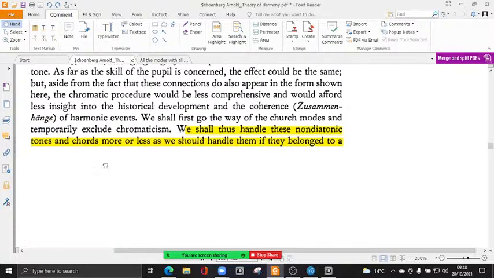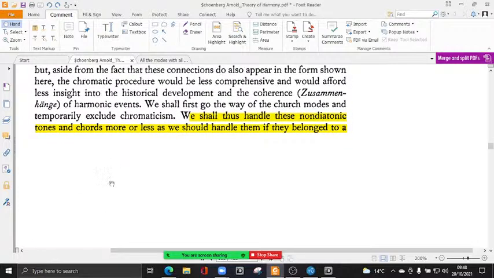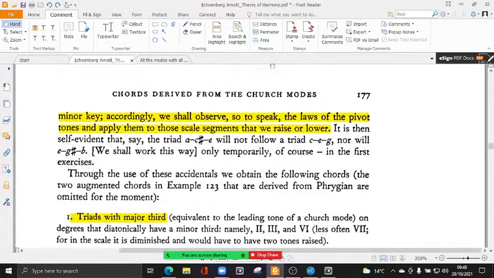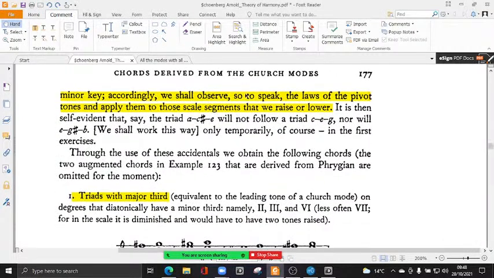So, we shall thus handle these non-diatonic tones and chords more or less as we should handle them if they belonged to a minor key. Accordingly, we shall observe, so to speak, the loss of the pivot tones and apply them to those scale segments, and we raise or lower them.